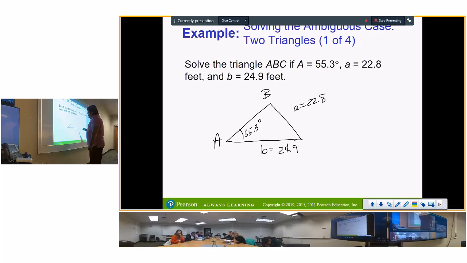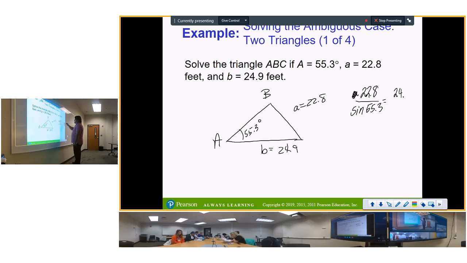Now I've got side A and angle A, so 22.8 over sine of 55.3 is equal to what? 24.9 over what? Sine of B. Sine of B, crisscross, use your algebra.